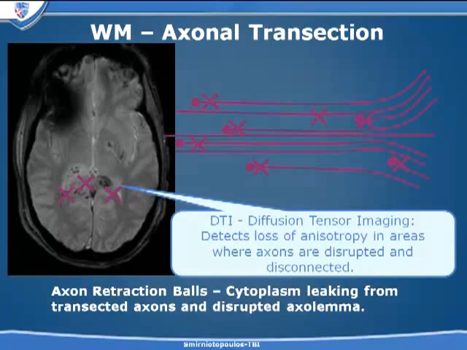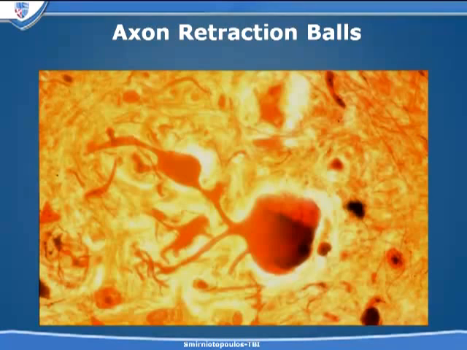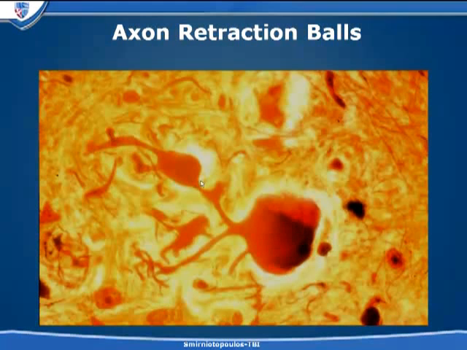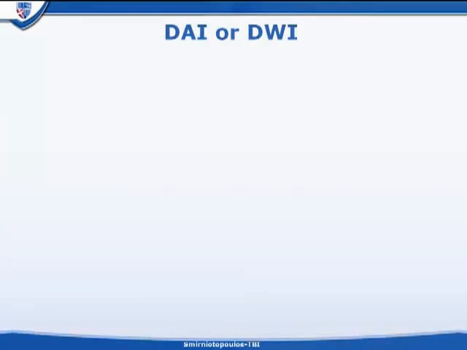And diffusion tensor imaging may directly demonstrate that there is a loss of anisotropy and a loss of connecting fibers, but we may also see the secondary signs of hemorrhage when it occurs by doing susceptibility weighted imaging. Just for reference, here is a photomicrograph illustrating how the cytoplasm is bulging out as a result of a tear in the axolemma in a patient that died from a shearing injury.